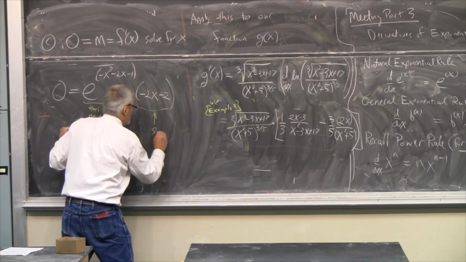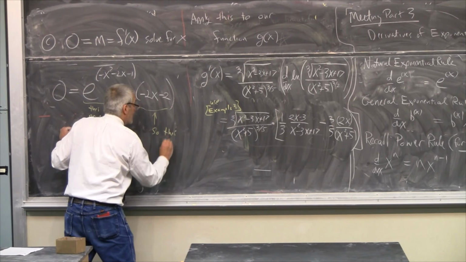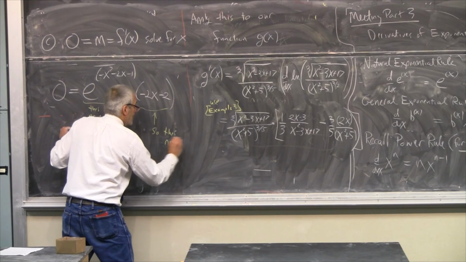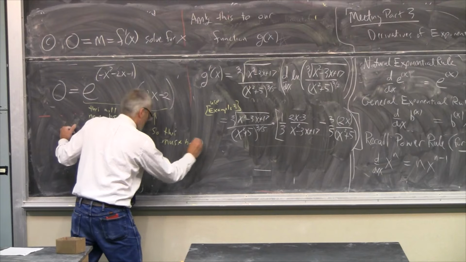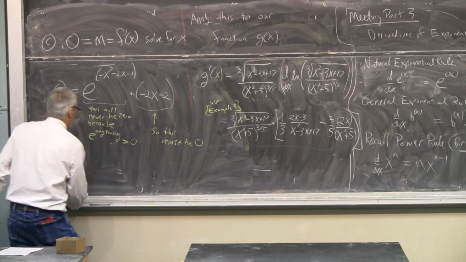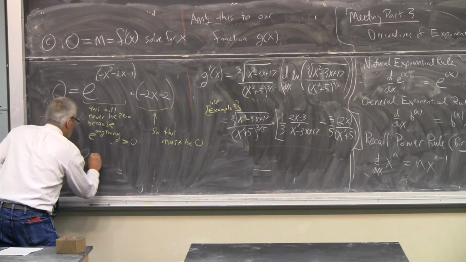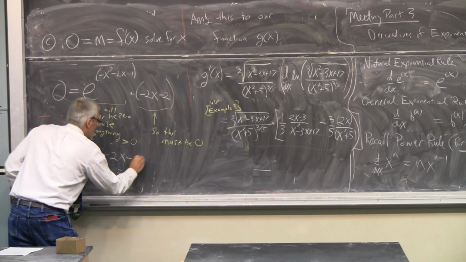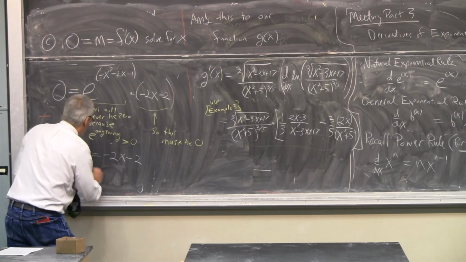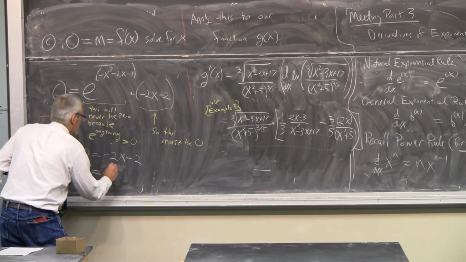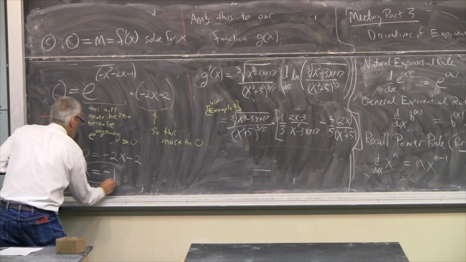So I get 0 equals minus 2x minus 2. So I end up with x equals minus 1.